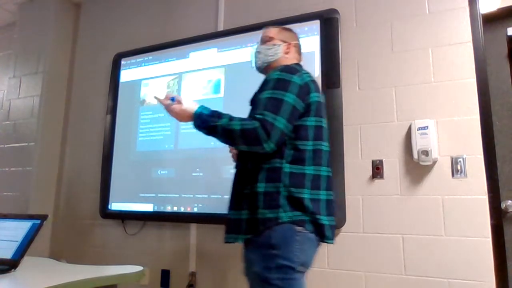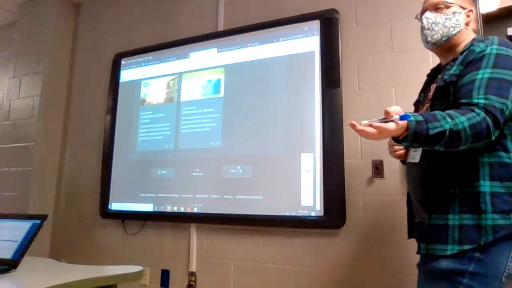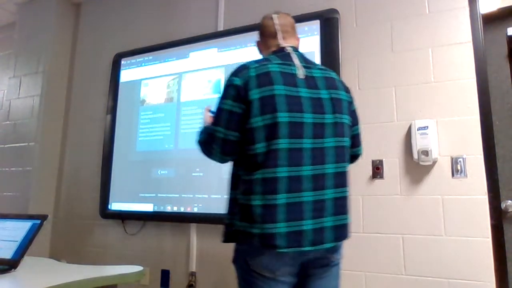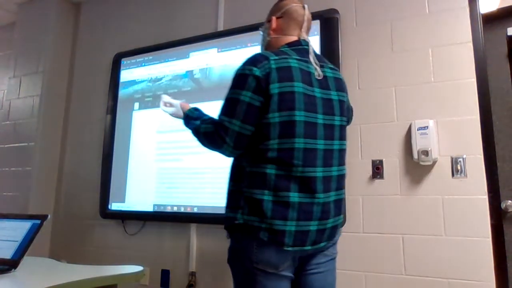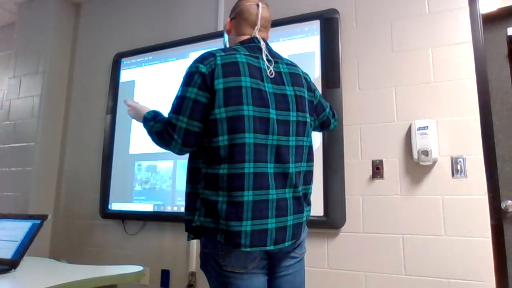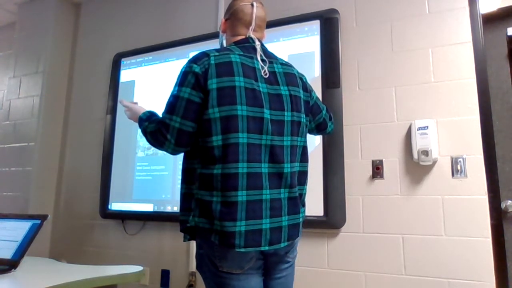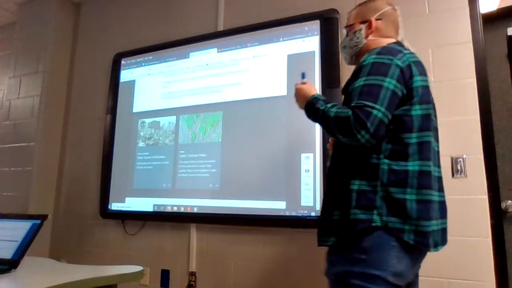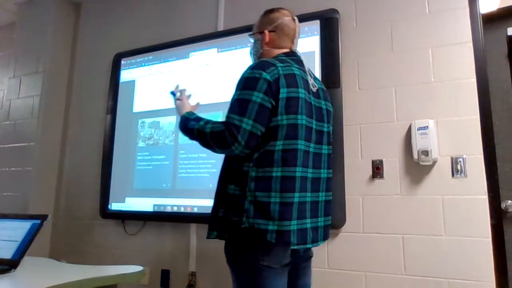So landslide can cause an earthquake. A volcanic eruption can cause an earthquake. What else? I guess an asteroid impact could cause an earthquake. Groundwater extraction. Yeah, that's getting a little bit modern, but groundwater extraction can cause your ground to sink, which can cause an earthquake.